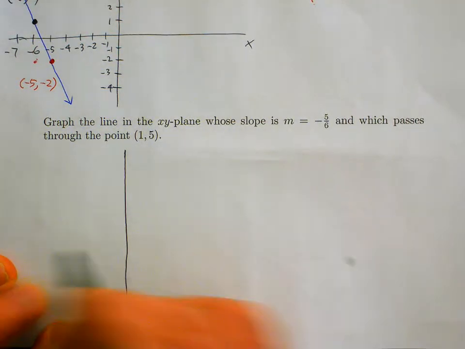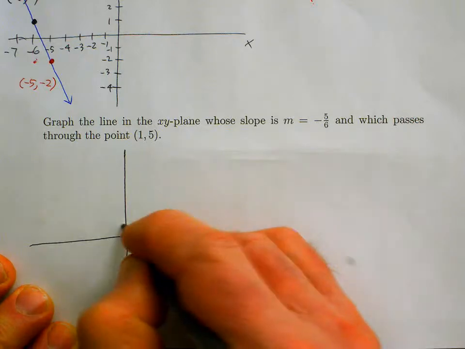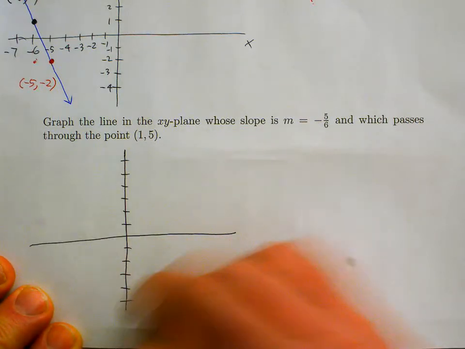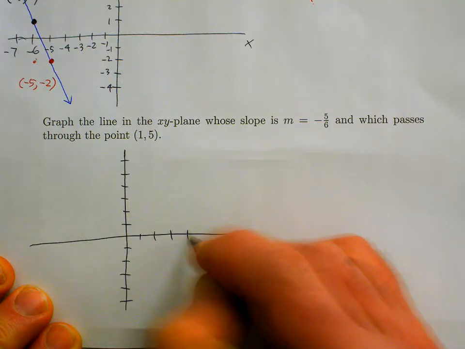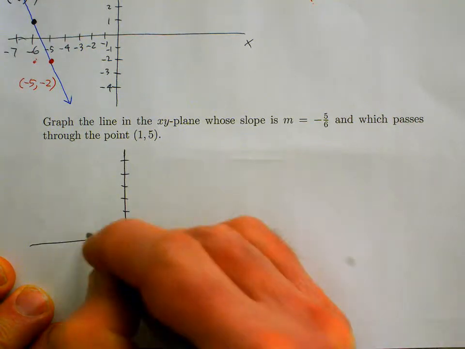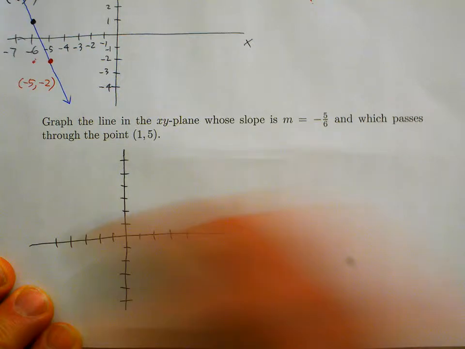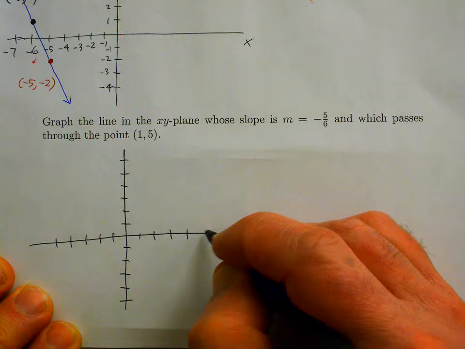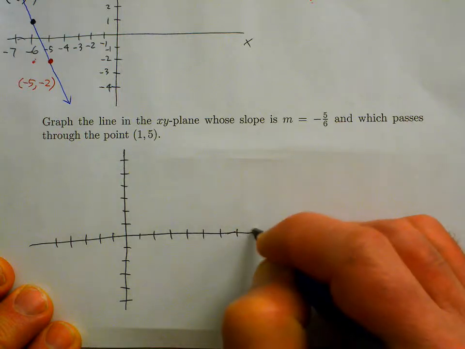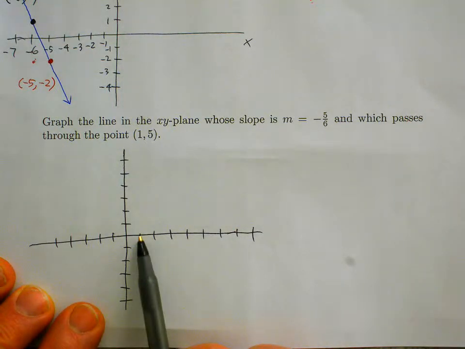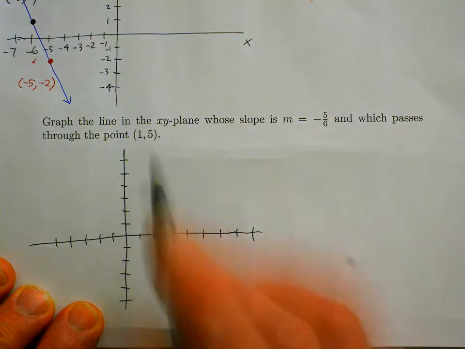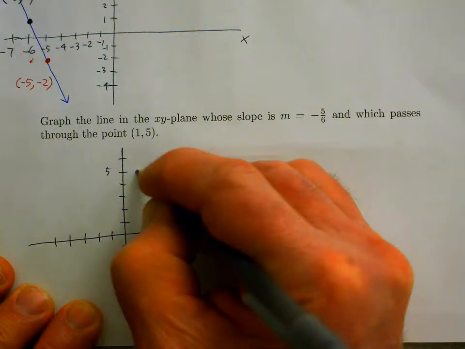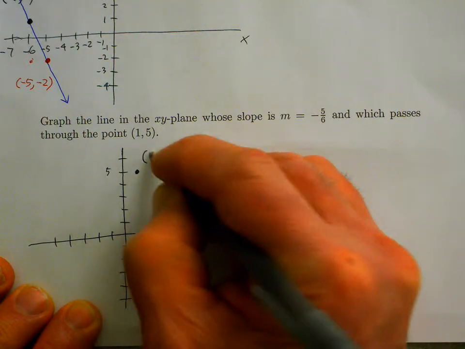Okay, so the ordered pair of 1, 5. It's about right here. Here's where 5 is. So this is the ordered pair of 1, 5.